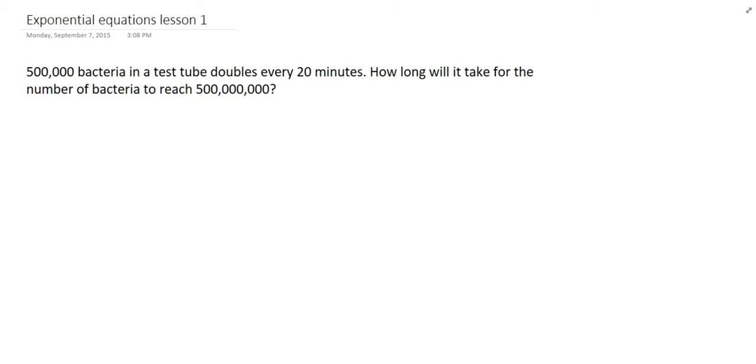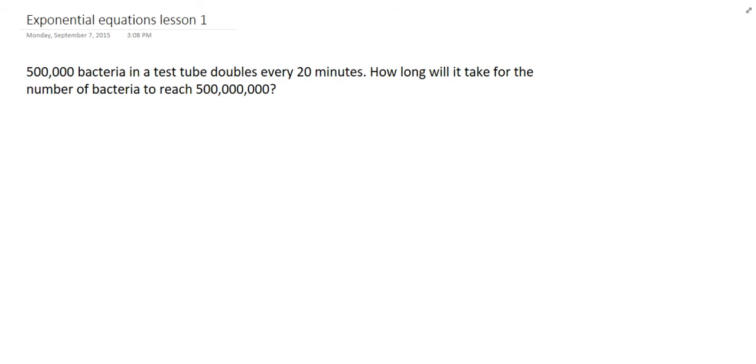So what we're going to do is use a real life situation to slowly lead you into developing an exponential equation. The situation is, we are sitting in a science lab and we're growing some bacteria, which I'm guessing you would have already done in some sort of experiment like this in high school.